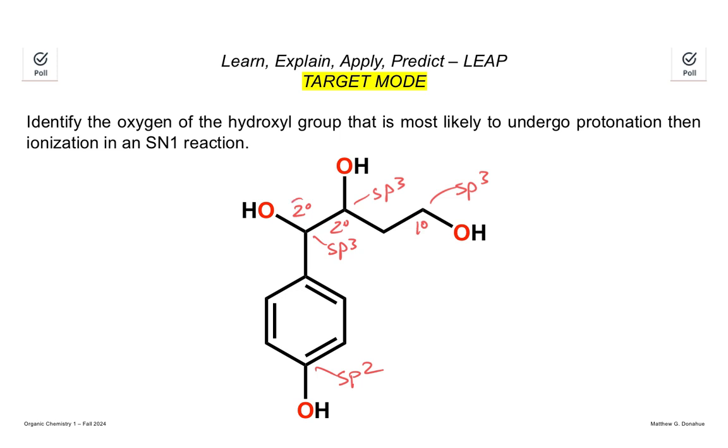So this one right here is benzylic. And again, that's the sp3 hybridized carbon bonded to a benzene ring. So that gets protonated, the bond ionizes, and then the carbocation is stabilized by the ring.